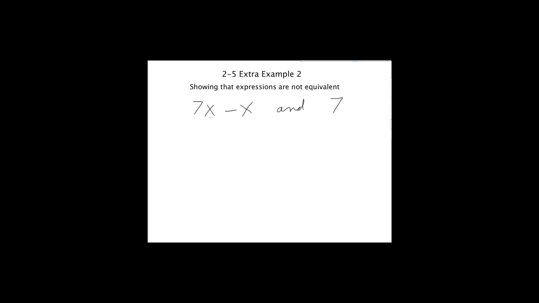So our first method with this would be to take the 7x minus x and 7, and we're going to try to show by substitution that these don't work. So that's going to be our first technique, one, substitution. And we're going to just pick a number.